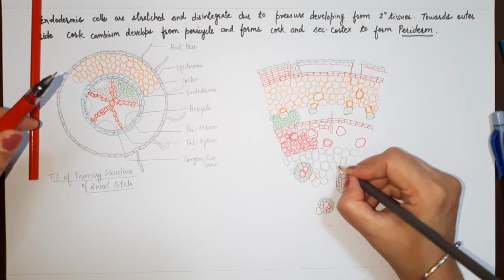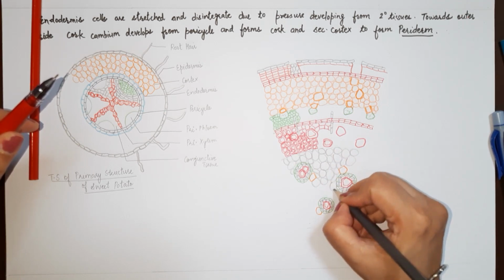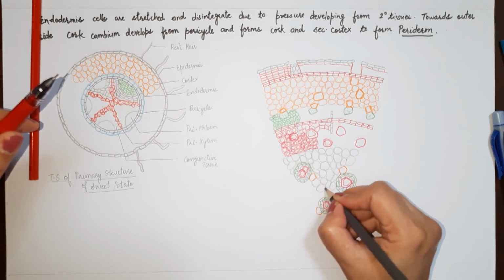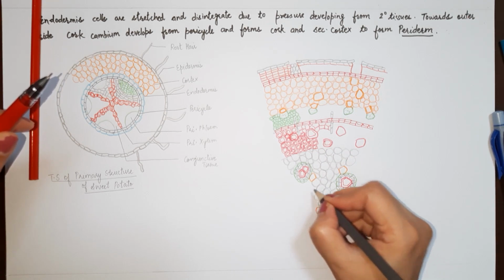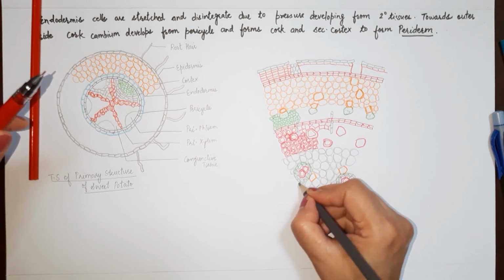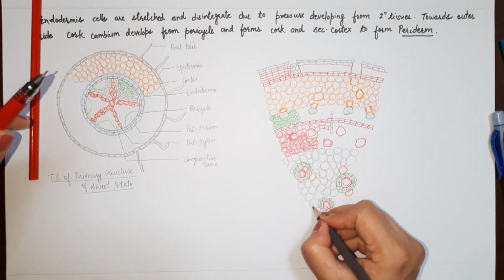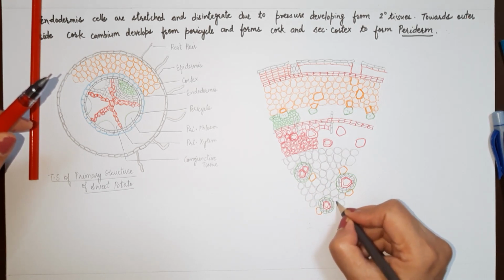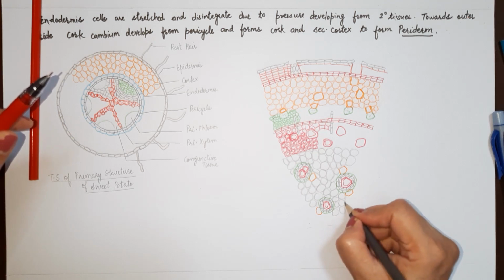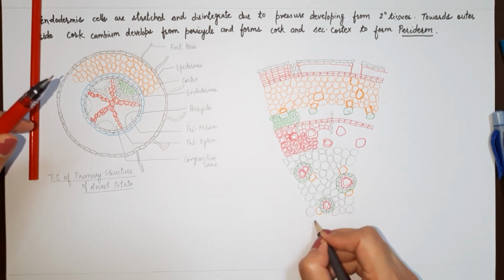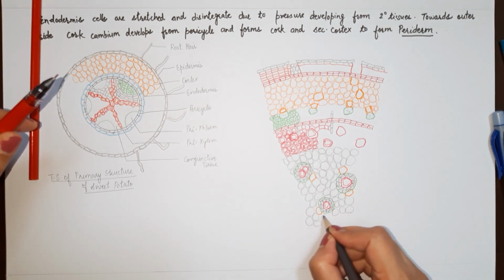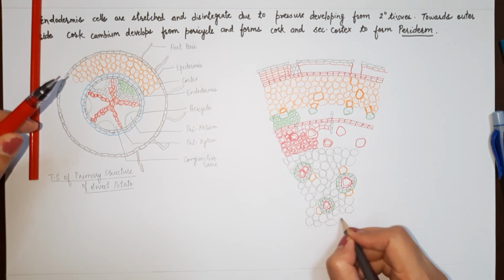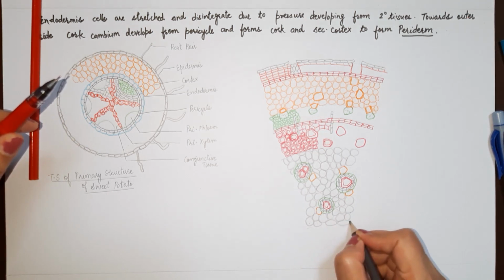And all storage parenchyma, they have food stored in the form of starch. I'll show you the real cross section and you can see yourself. They are laden with food completely, all the cells they are filled, and in order to stop conduction in this region, xylem vessels they form tyloses.